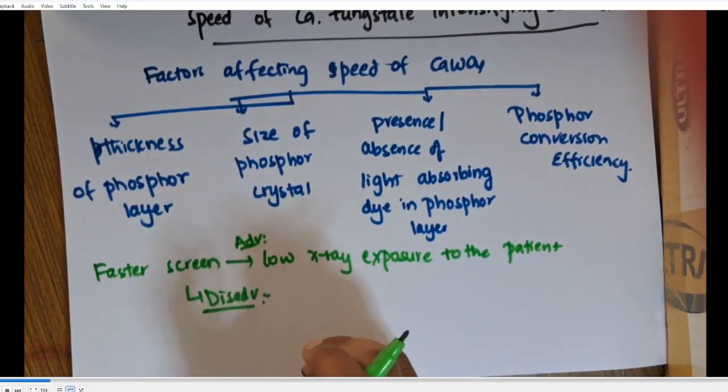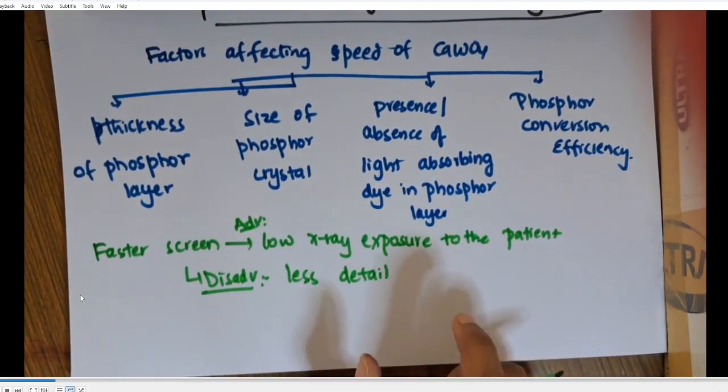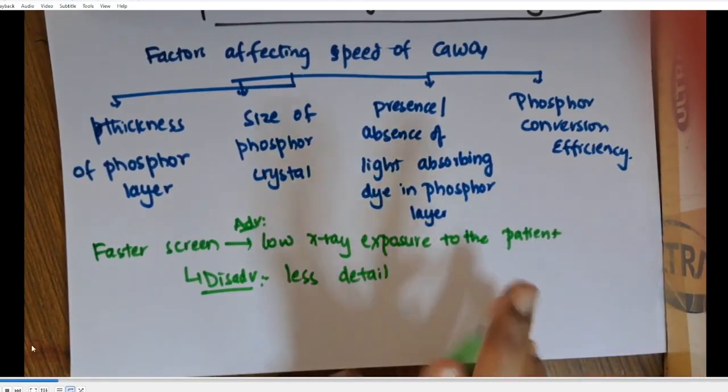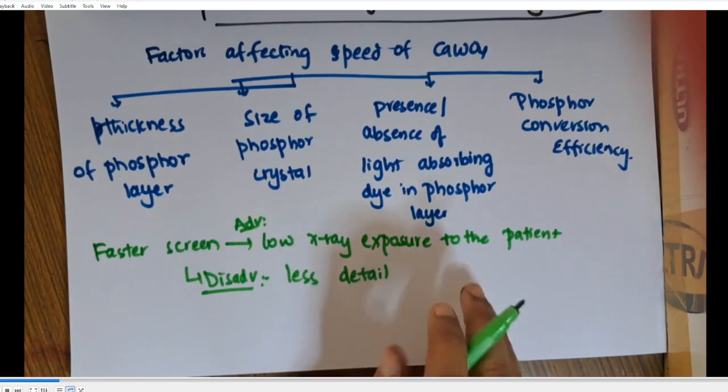The speed of the calcium tungstate screen and its ability to record detail are in reciprocal relationship. The disadvantage of the faster screen is that it causes less radiological detail. That is, higher or faster speed phosphors will result in lesser detail, which is a major disadvantage.